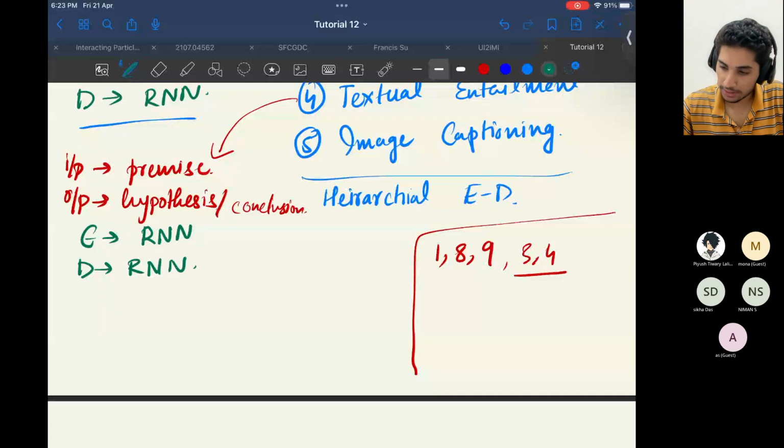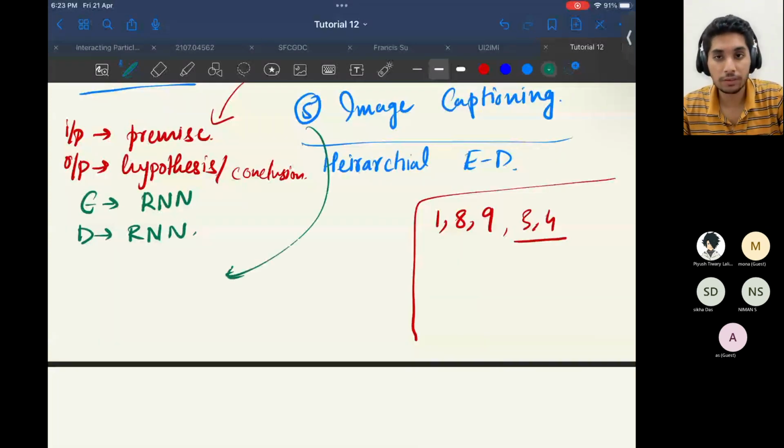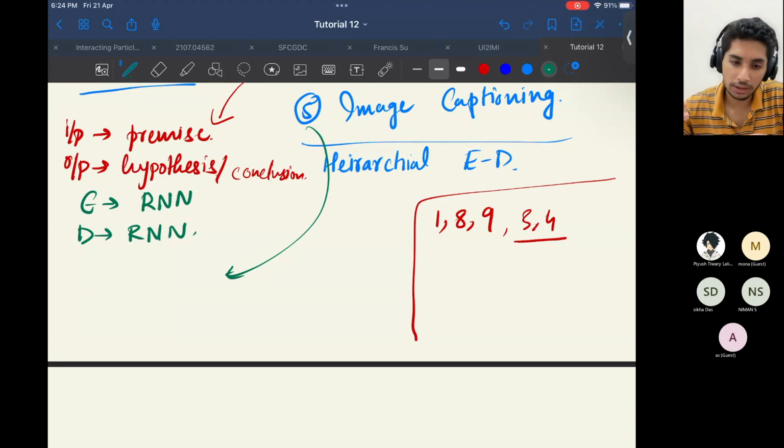Apart from this, the next thing is image captioning, which was one of the applications. So what happens in image captioning is the following. At some point all of us have used some sort of social media, where you upload an image and you caption it.